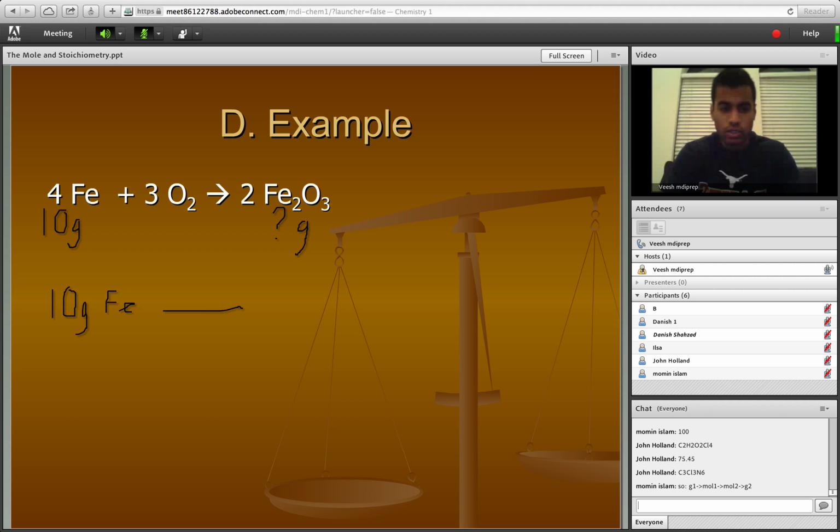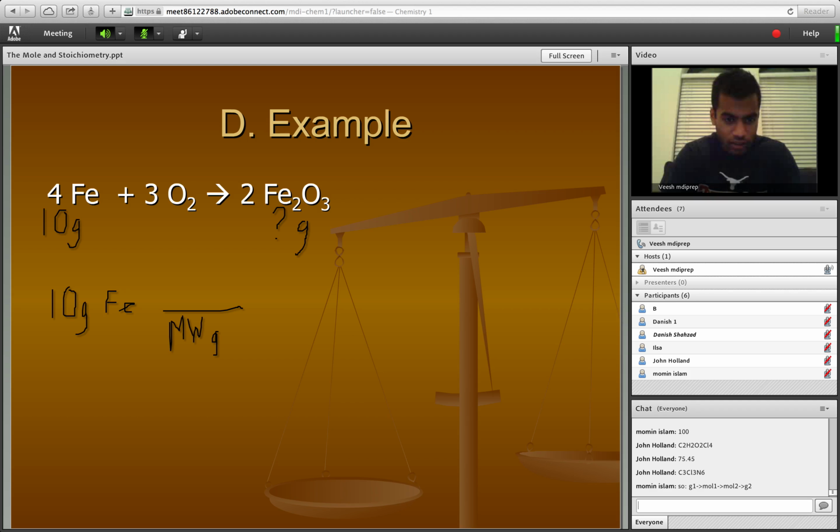Whenever you do dimensional analysis, since we have grams on top to start, you want grams on the bottom. So you'd find the molecular weight of Fe, which I don't know what it is, but we'll just write MW grams.